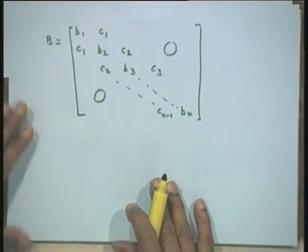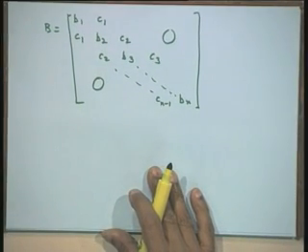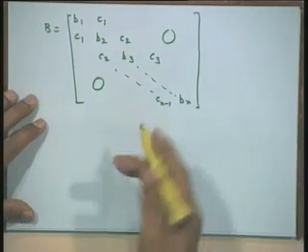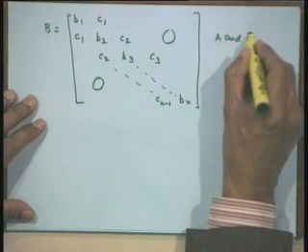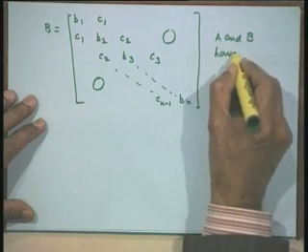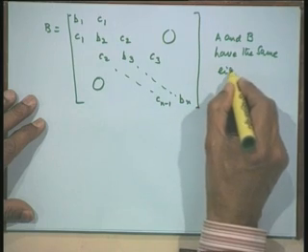So, the matrix is going to look like this. Now, these are similarity transformations which we have done, therefore, A and B have the same eigenvalues.